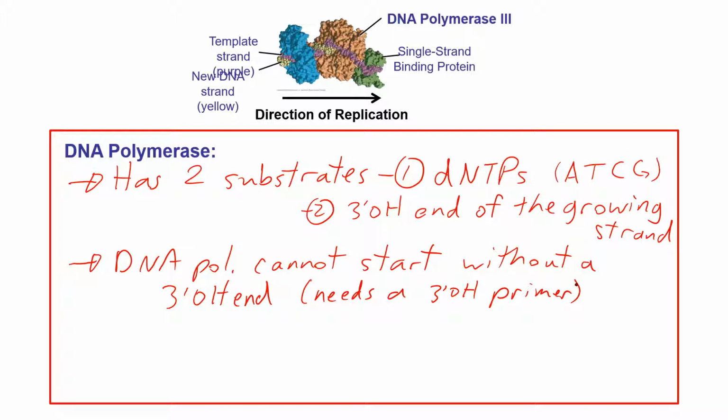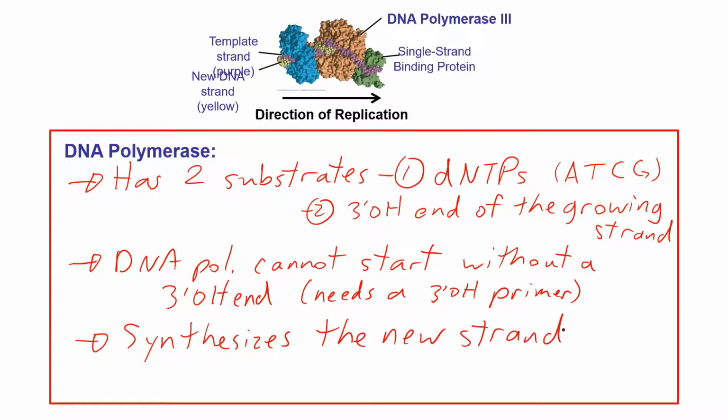As a consequence of this 3' end thing, like I said, it synthesizes DNA in one direction, and that's the 5' to 3' direction. So it synthesizes the new strand in the 5' to 3' direction.